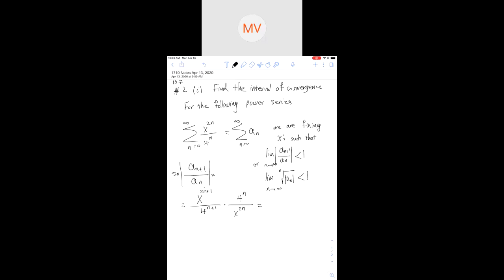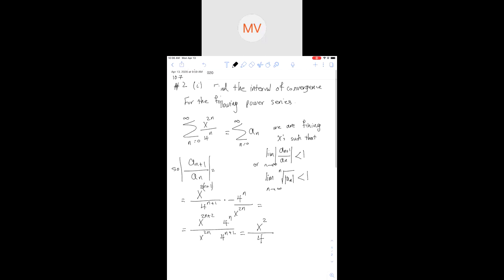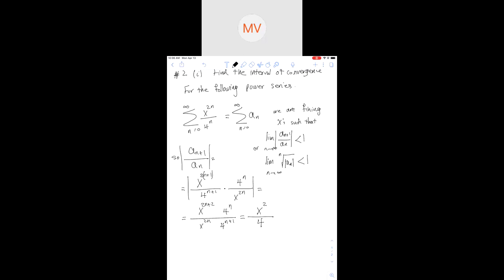Okay, so that indeed becomes x to the 2n plus 2, x to the 2n down here, 4 to the n, and then 4 raised to the n plus 1. And as you can see, it simplifies to x squared, because x to the 2n cancels, and down here you have 4. By the way, everything is in absolute value.